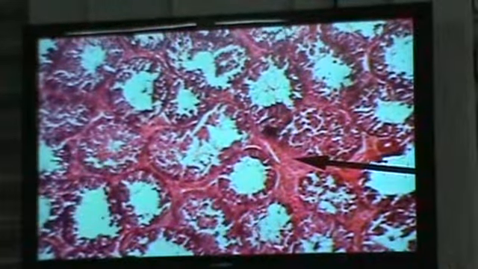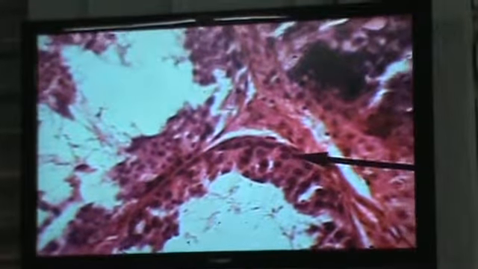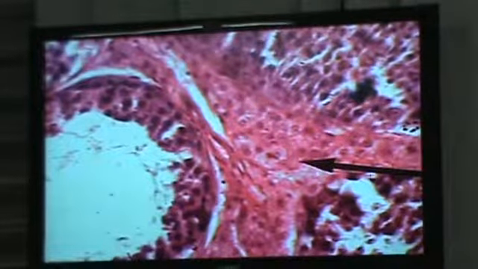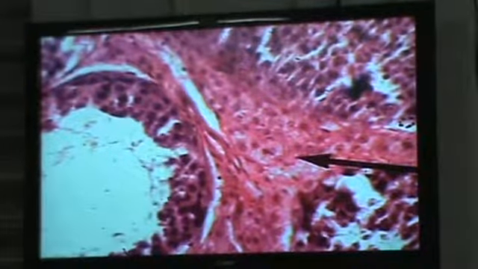Let's just look at an average slide, and look at the Leydig cells in different slides. So there you can see now, I would say these are more your average Leydig cells. This is quite an island of Leydig cells that we're seeing there.